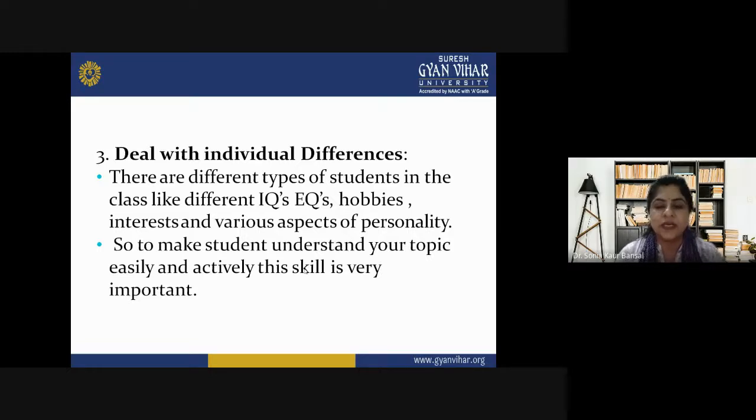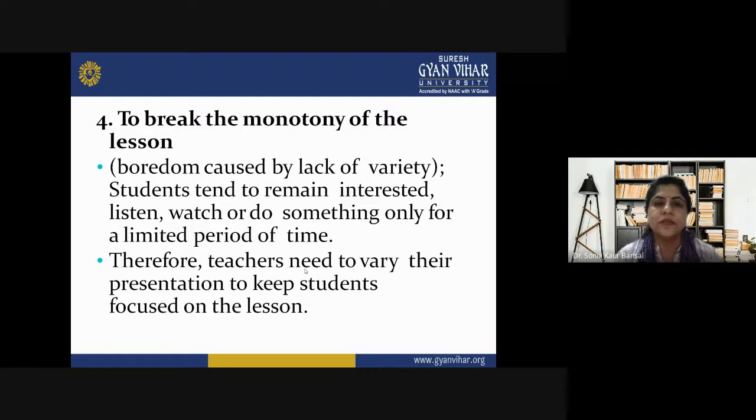Then the fourth point, why we need stimulus variation in the classroom, is to break the monotony of the lesson. Sometimes it happens the students are continuously studying and the teacher is doing so much hard work, but it is not possible for a teacher to continuously talk to someone.